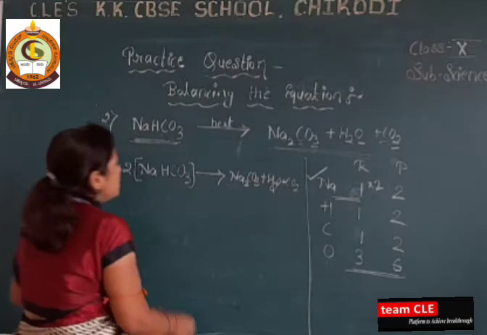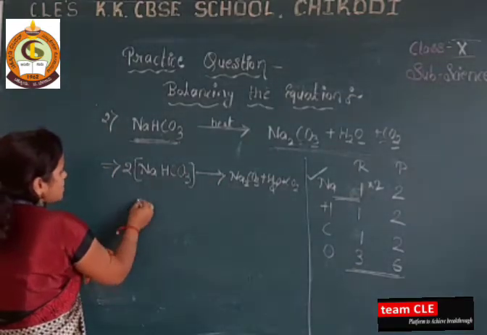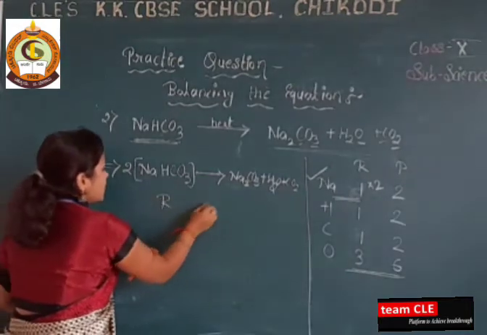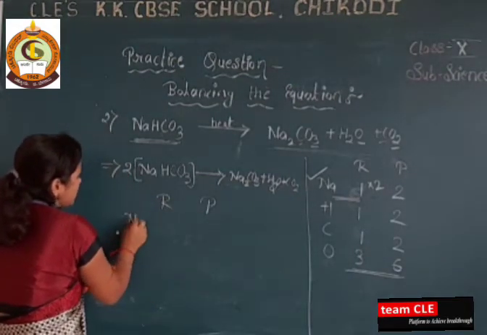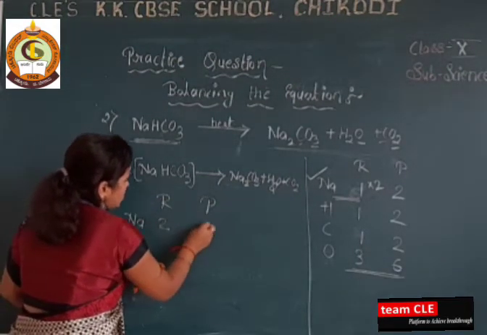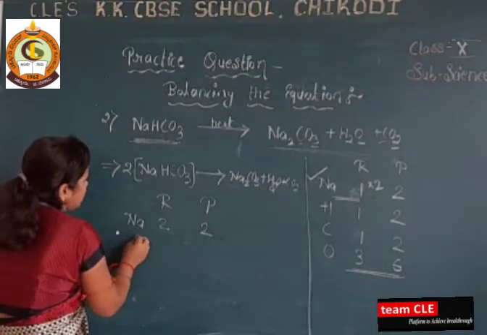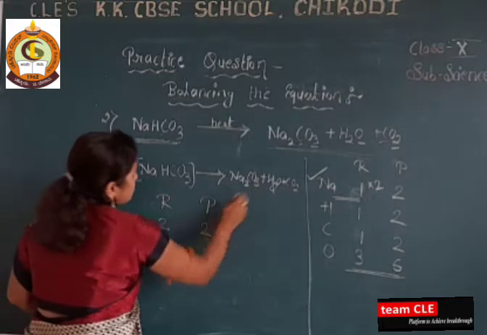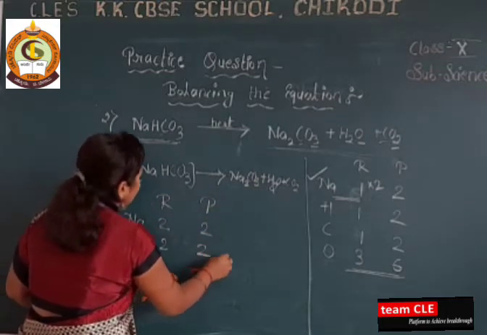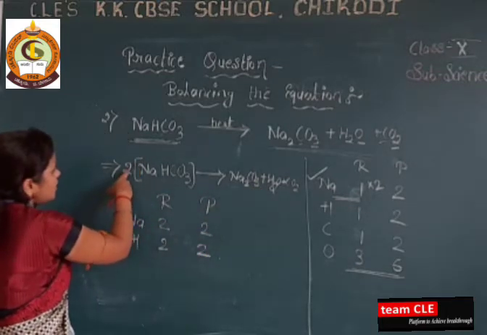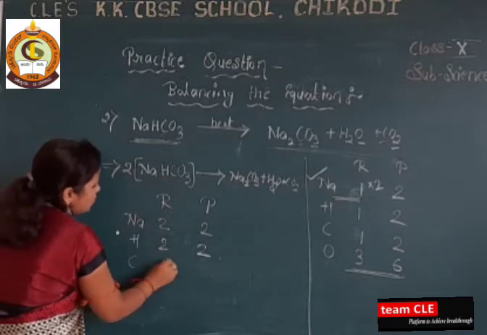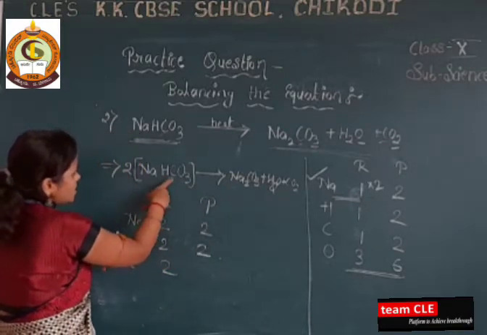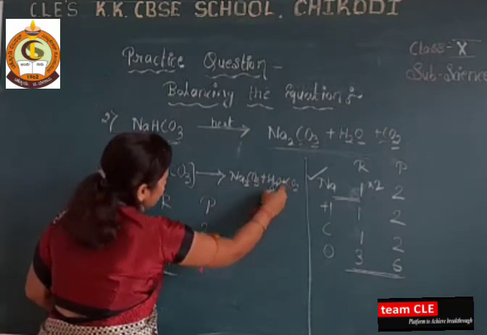So just count the numbers. Again, count the number in the reactant and the product form. Sodium is 2, here also sodium is 2. Then hydrogen, 2 into H is 2, here also H is 2. The number of carbon is 2, here also it is 2: here 1 carbon, 2 carbon.